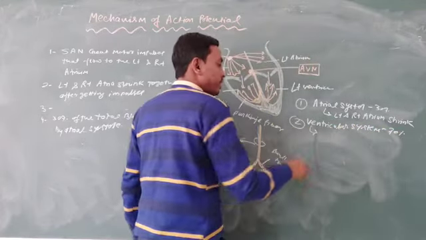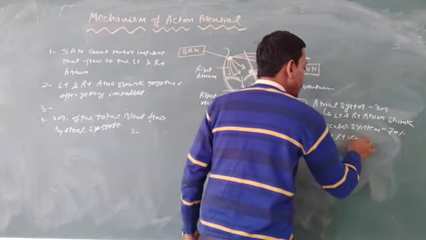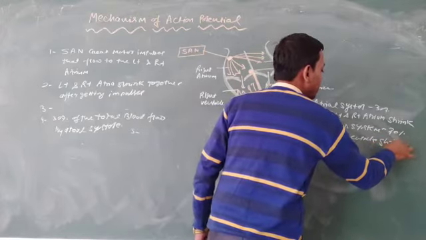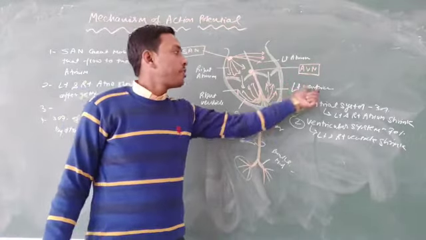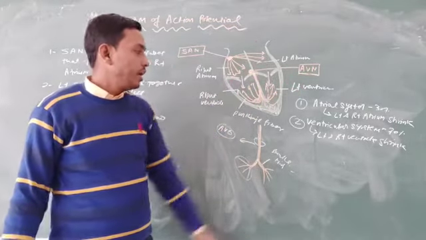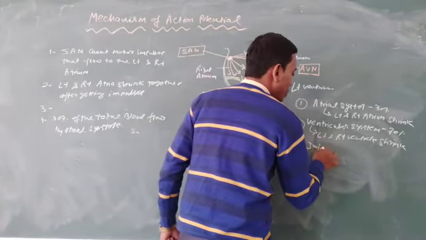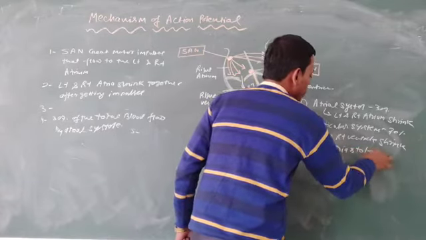What happens in this step? The left and right ventricle shrink. This helps to flow the blood from the left ventricle to the body and from the right ventricle to the lungs. And the third is joint diastole.